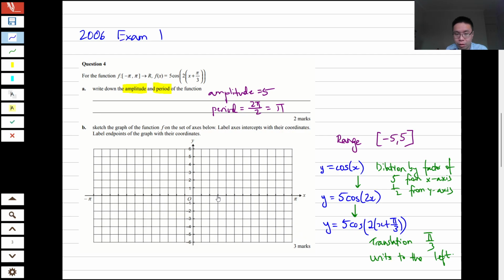And so if you do that very quickly, that's 3, 4, 5, 6, 7, 8, 9, 10, 11, 12. So there are 12 divisions between the origin and the end. So I'll just make a note here. One grid line is pi on 12 units in the x direction.